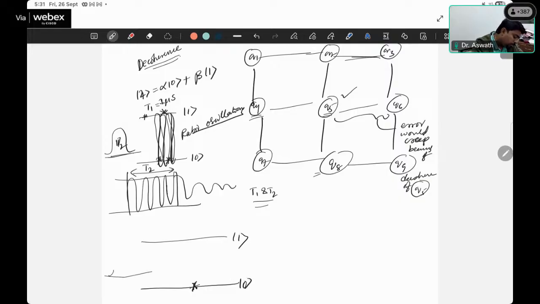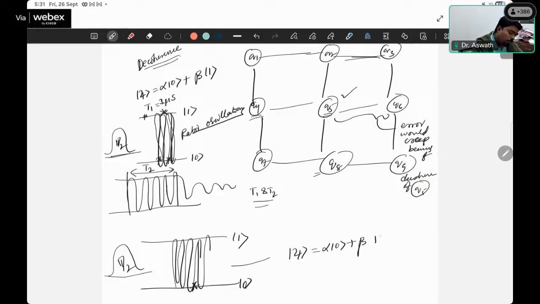I just supplied a pi by 2 pulse to make the electron do that Rabi oscillation, which is actually a superposition state.